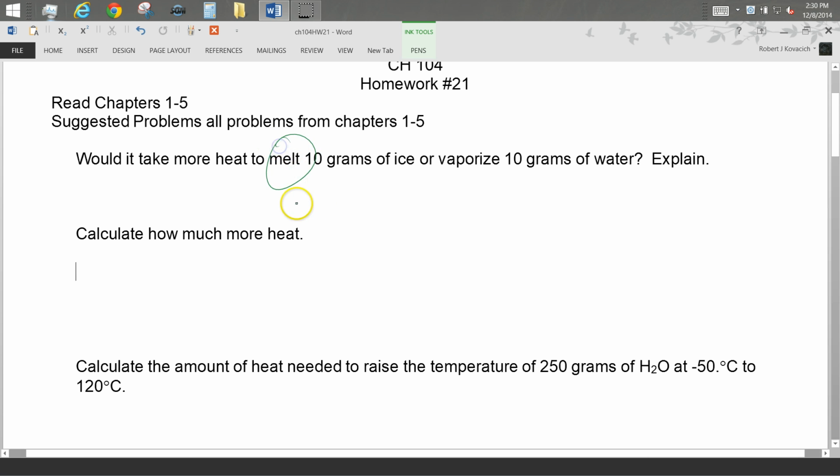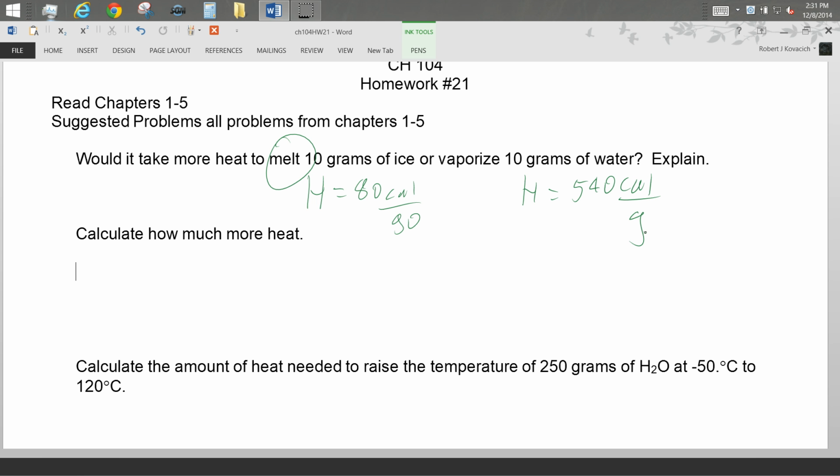For melting, if you look, the H is equal to 80 calories per gram, and the H for vaporization is 540 calories per gram. You could look those numbers up online, but they were on the last page of the notes.